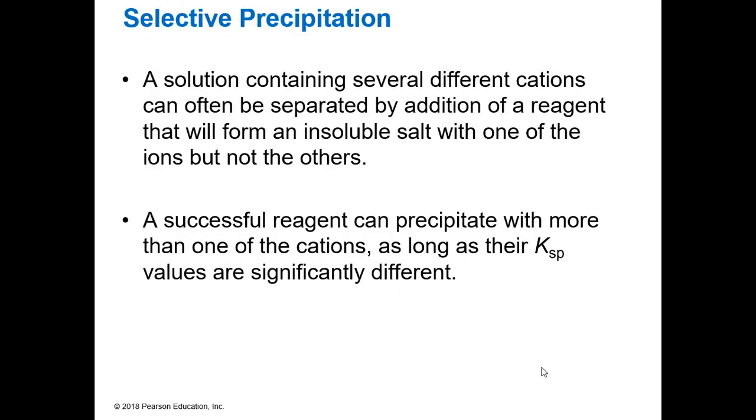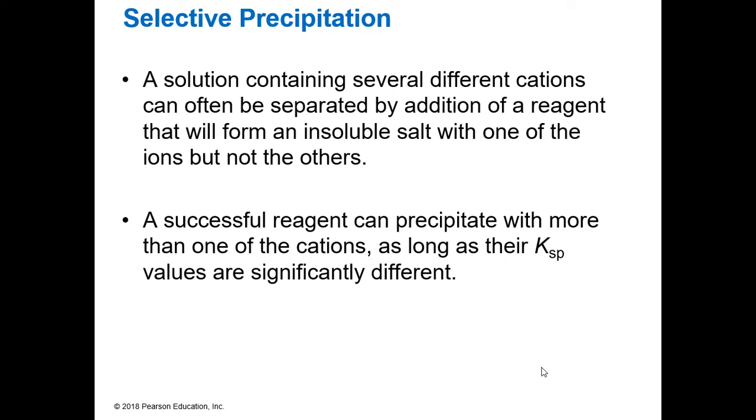What we can also do is we can selectively precipitate out things. If we want to only precipitate out one thing or another, we can do that. So if we have a solution that has several different cations, we got a bunch of cations, right? But we only want one of those cations to come out of solution. We can add some reagent that will form an insoluble salt with the one ion we want, but not with the other ones.